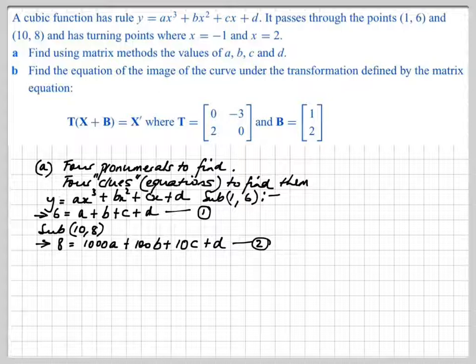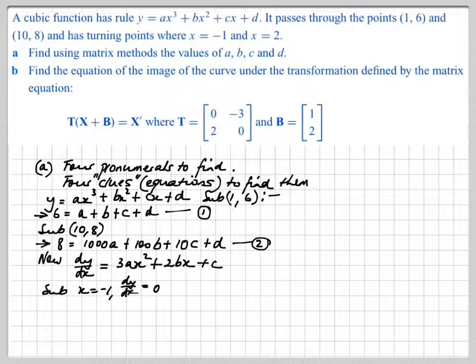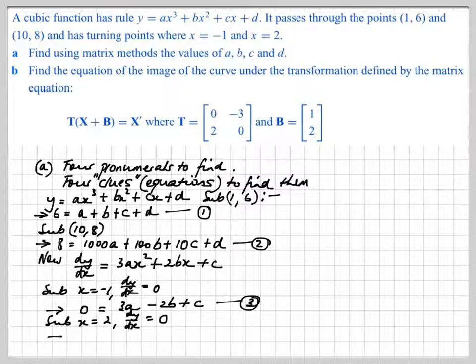All right, clue 3. Now, for clue 3, we have to take the derivative because these are about stationary points or turning points. So dy/dx is that beast. Now we're going to plug in x is minus 1 and dy/dx is 0. And what do we get? We get that. Now we're going to sub in x is 2 and dy/dx is 0. What do we get out of that?